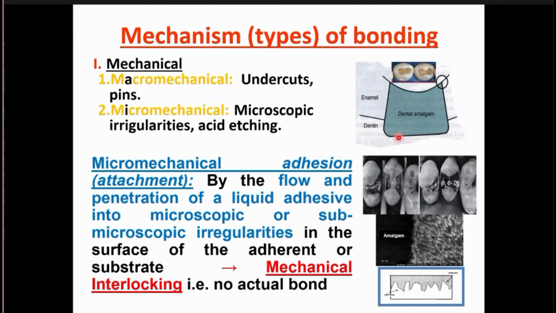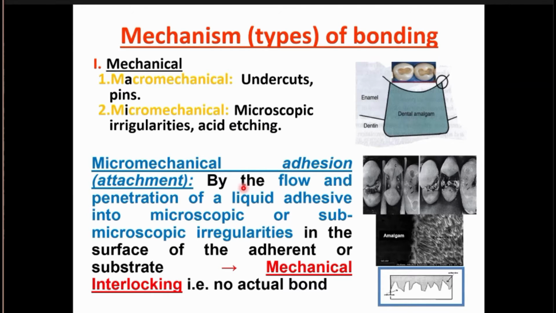If you see, the bottom is broad and top is narrow. So due to this undercut, this filling cannot come out. So this is an example of macromechanical adhesion, which we commonly use in case of amalgam filling especially.